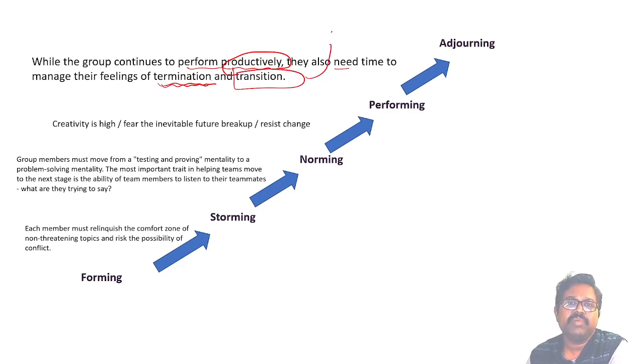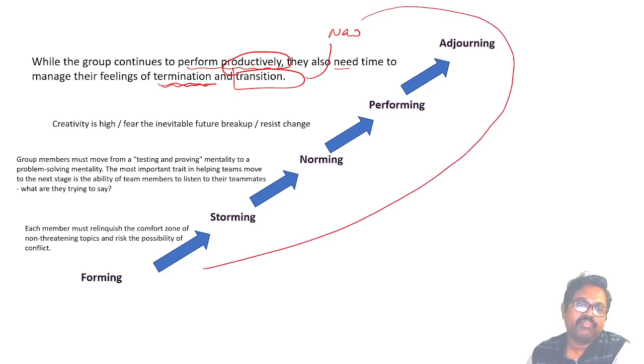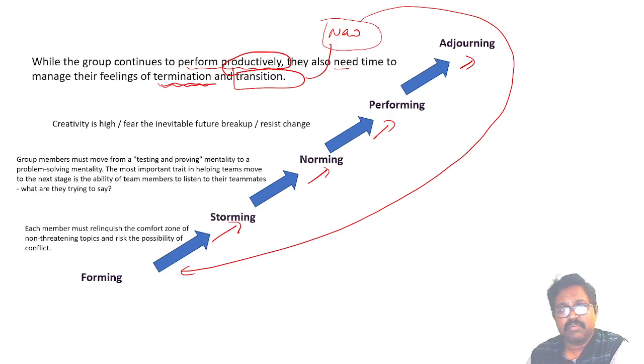Again new members will be formed, and again the same stages will develop: storming, norming and performing, and then adjourning. It doesn't mean that the whole team will be dissolved. Some of the members may move out of that particular group, and other new members may be added.